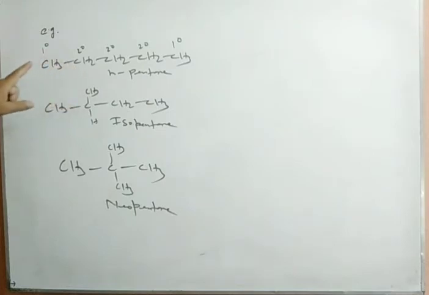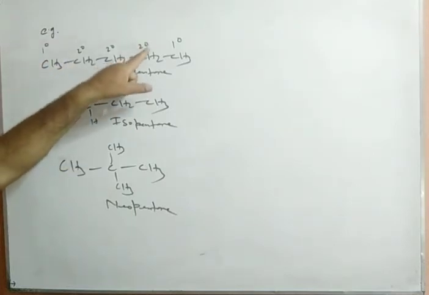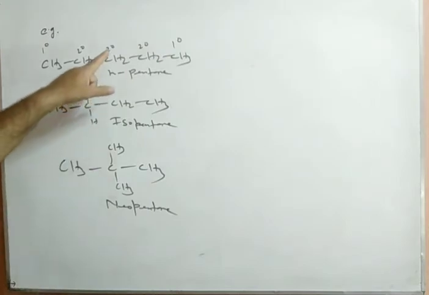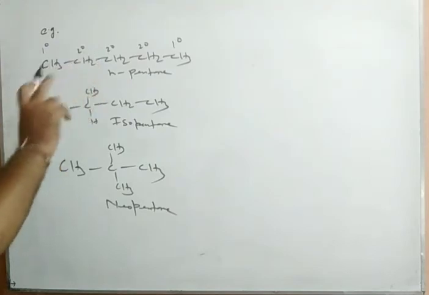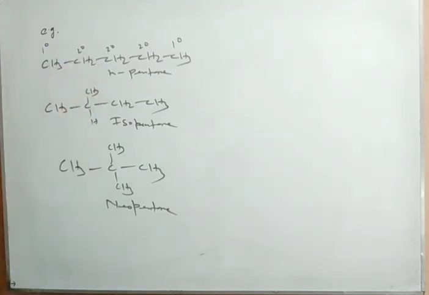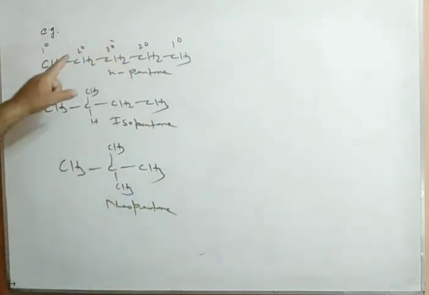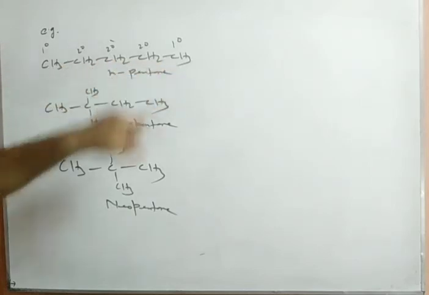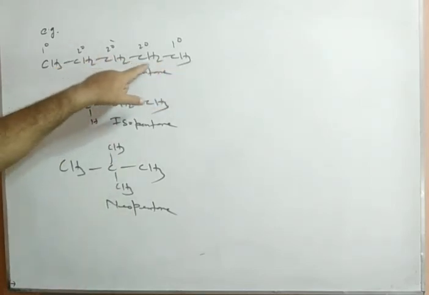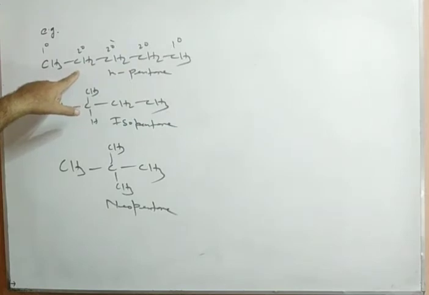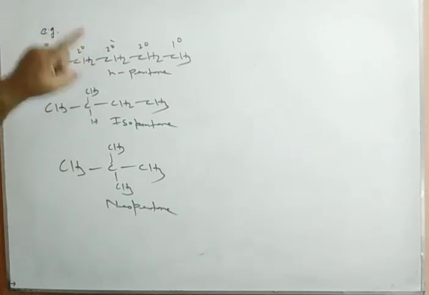This 2 degree is directly linked with 1 degree, again 2 degree linked with 1 degree, but this 2 degree is linked with only 2 degree. So all 2 degree carbon atoms are not similar. So we can write here 2 degree dash, because all 2 degree carbon atoms are not equivalent in all respects. So here first hydrogen is removed from 1 degree, second from either this 2 degree or this 2 degree, and the third one 2 degree dash.